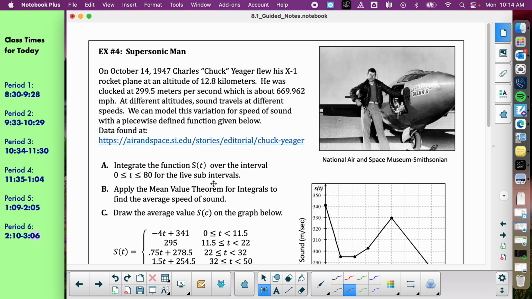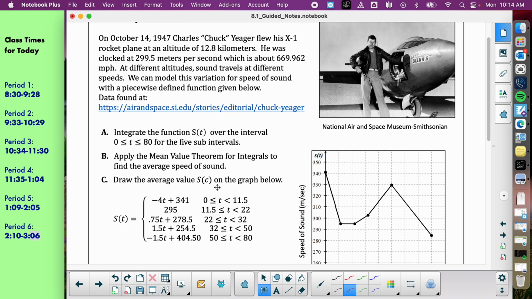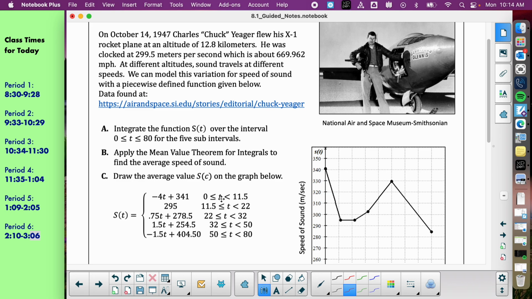I think there was one on this page, yes. Supersonic Man, Chuck Yeager. I believe he was the first one to break the speed of sound. Is that correct? No aviation fans in here? Okay. You guys are supposed to be the people that will become the pilots or the people that design the planes. You're supposed to be passionate about something. You can't be just passionate about phones. That's not going to get you super far. Now, programming absolutely will. But just playing on the phone is not a good passion. You want to learn, you want to like something.